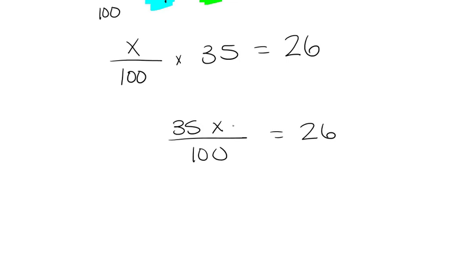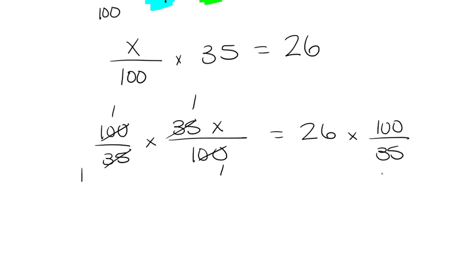Then, in order to get x by itself, we can just multiply 100 over 35 on both sides. Because then this becomes 1, this becomes 1. So now this is 26 times 100 over 35. So x is equal to 26 times 100 over 35.